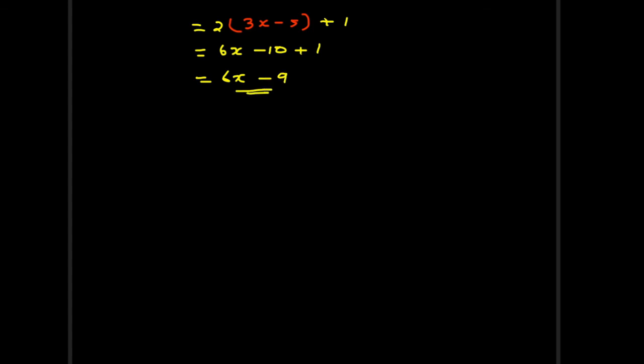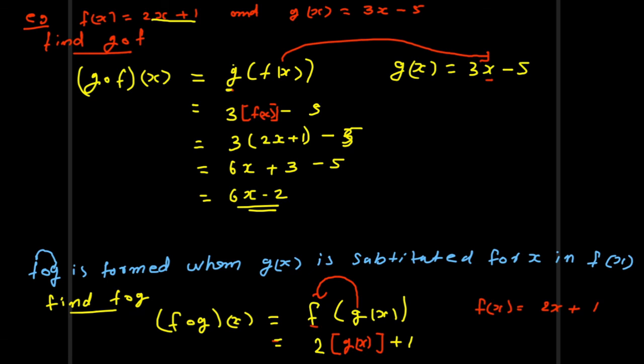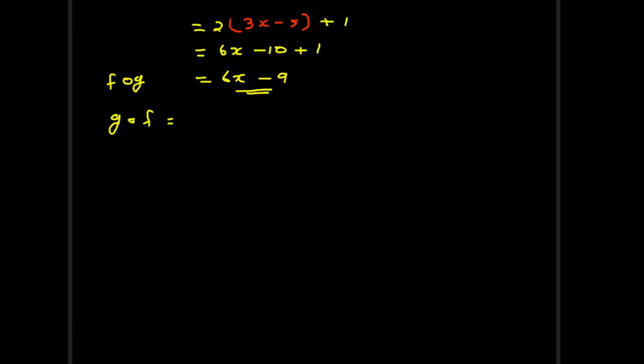Okay, this is f of g. Okay, what is g of f? You can check here, g of f is 6x minus 2. Here check whether these two are equal. No. Also here we can say in general g of f is not equal to f of g. Here the idea is clear.